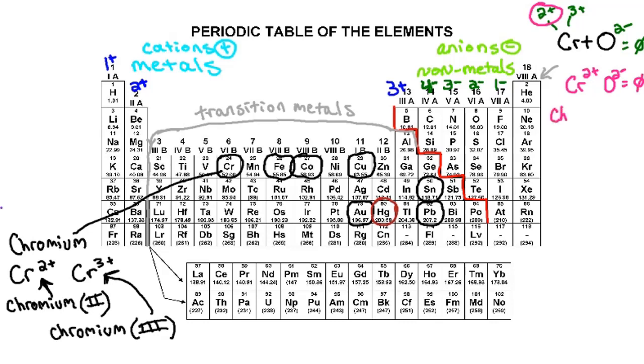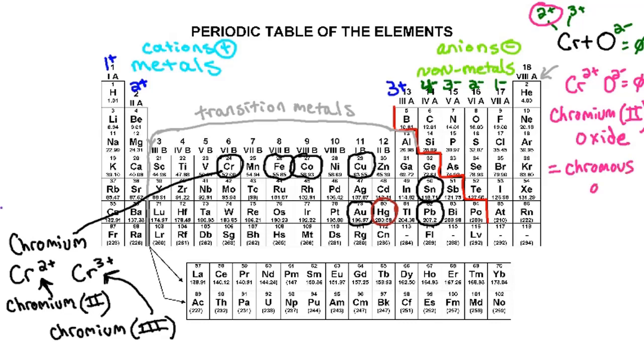So we're going to say chromium with the Roman numeral 2 after it, designating that it has a +2 charge, and oxide, because remember at the end of ionic compounds we take the nonmetal name, oxygen, and change it to oxide. So chromium 2 oxide. This can also be called chromous oxide.